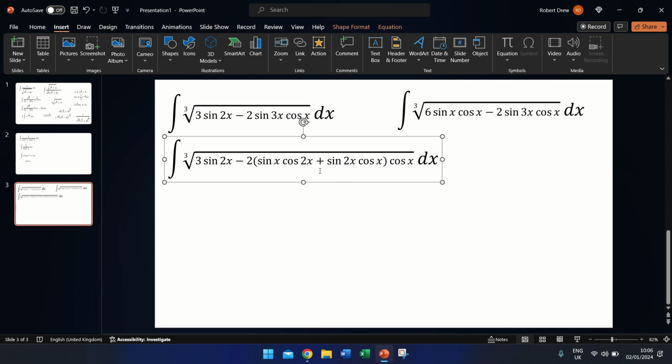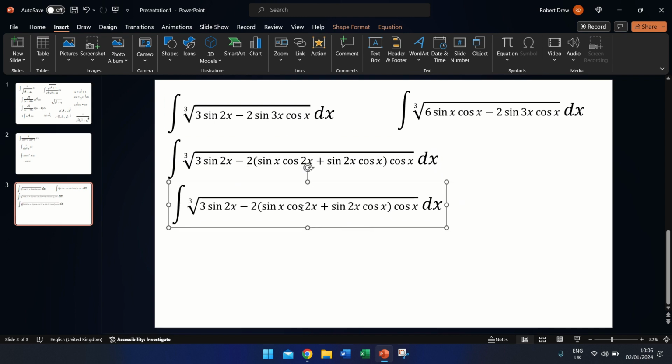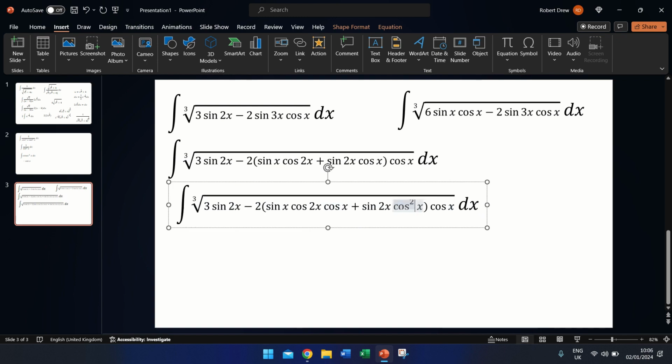So, does this help in any way? If we expand this out, we're going to get a cos x here as well. So that's interesting because that gives me sine 2x cos 2x here. And it gives me a cos squared x here.